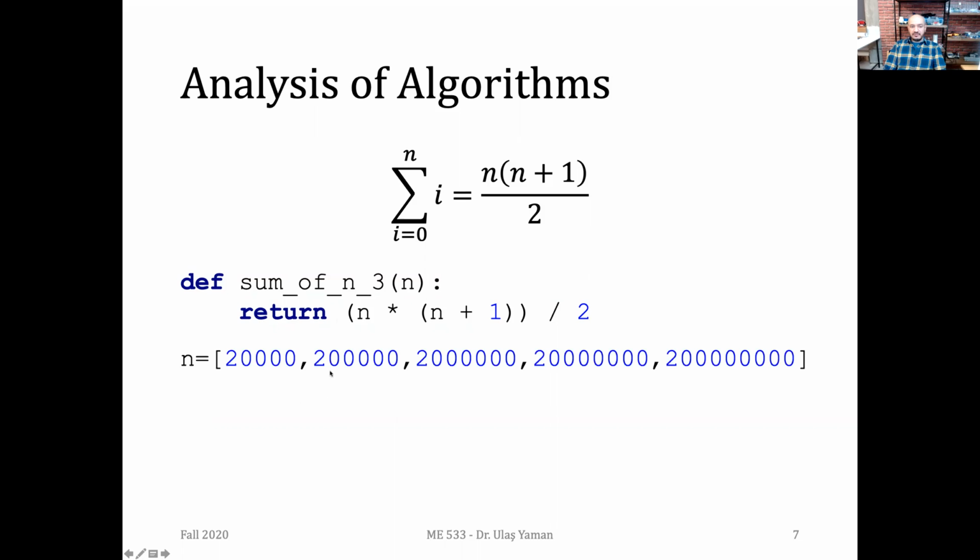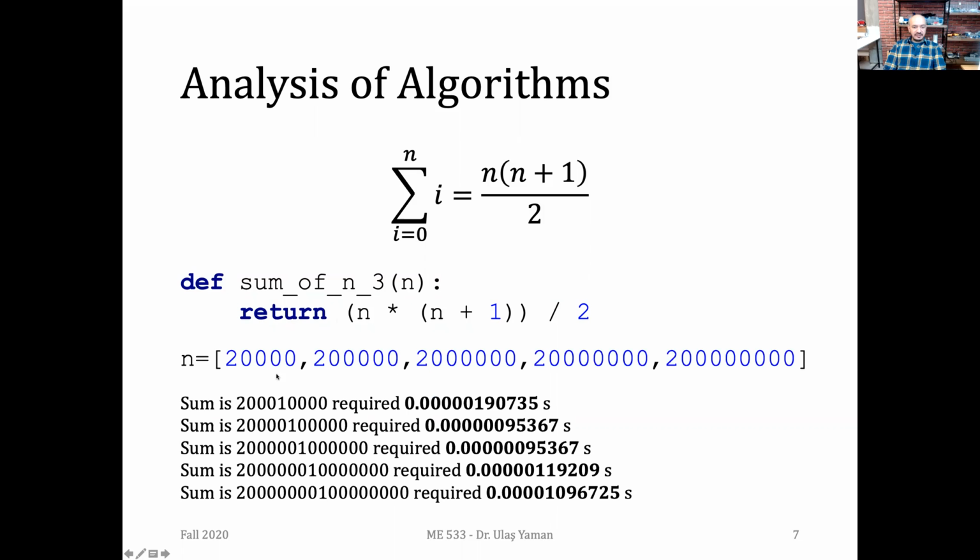So you can give many inputs and try to check the computation time. If the input is 20,000, this is the computation time, and as you see, it's much less than the previous implementation. In the previous one, we spent almost 1 millisecond for 20,000, but right now we are spending just 1 nanosecond.